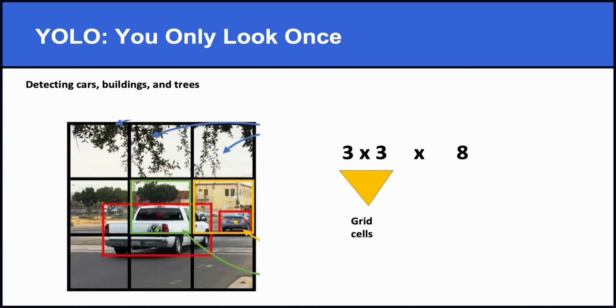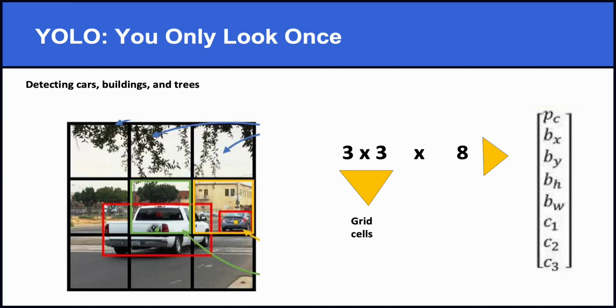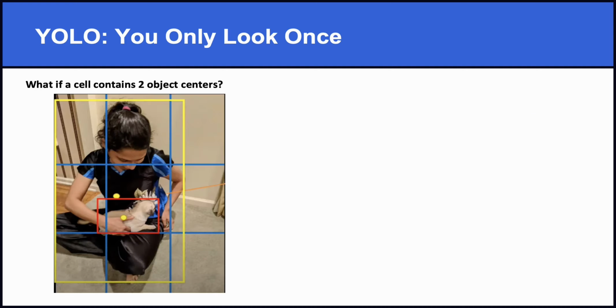So let's just assume that a vector contains 8 elements, as it is the case in this example, but of course it can go higher if we have more classes, so for example C1, C2, C3, and C4, or lower if we only have, for example, only 2 classes. And that means that we have solved the challenge of the dimension of our output.